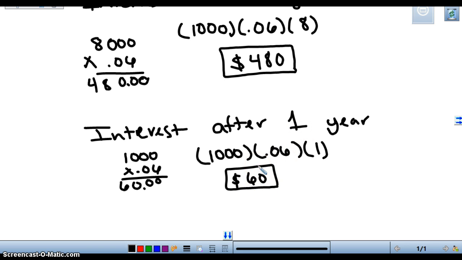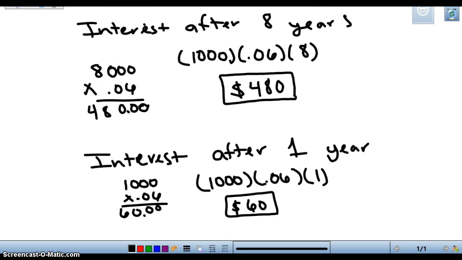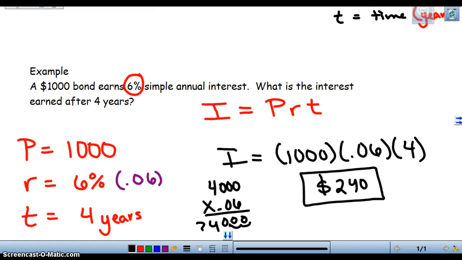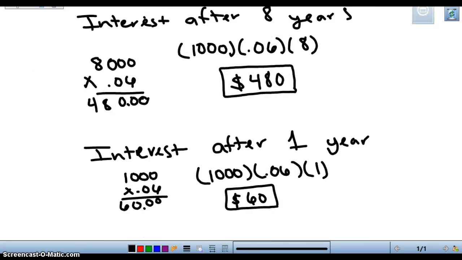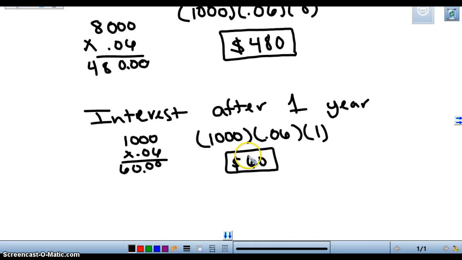So it would be the same amount of interest every year. This bond will be earning $60 each year, right? Yes. And it's called simple annual interest because you do not add the previous interest to the principal. So it's always the principal. Only the principal is making interest.